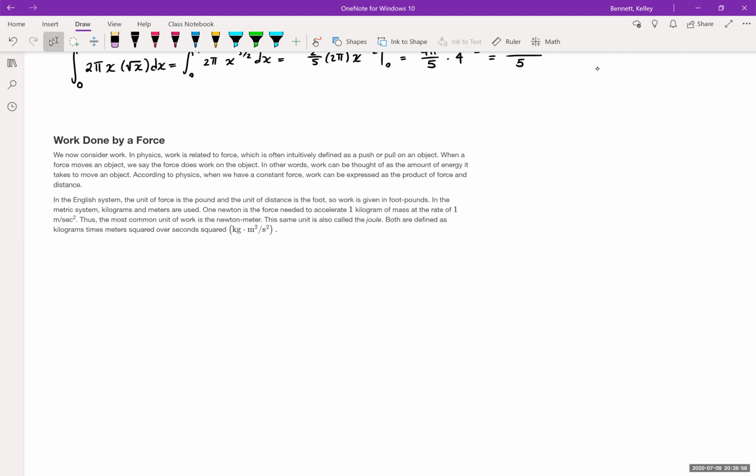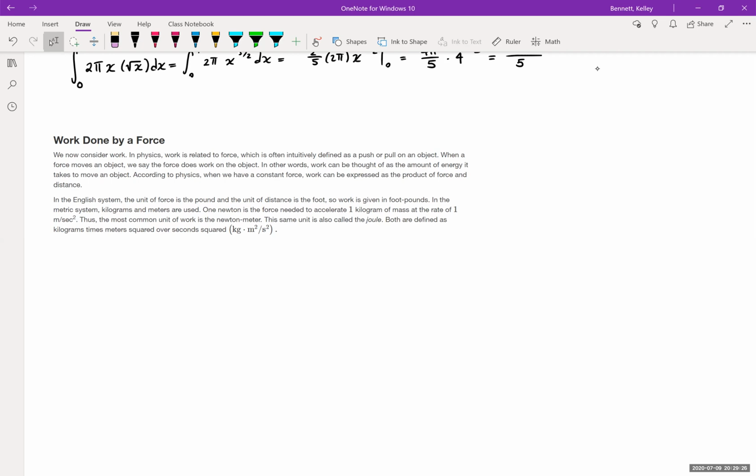That's the first step, and that's when your force is constant. Think about pushing a rock down the street, and you keep pushing it with the same amount of force. Then the work it takes is just the force you're exerting on it times the distance of how far you pushed it.